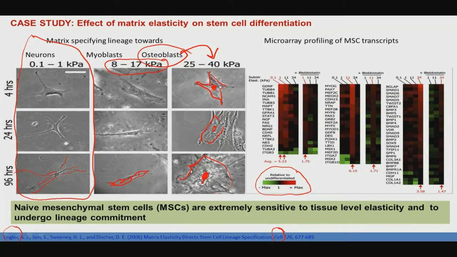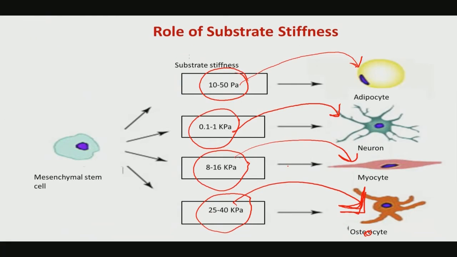Essentially, naive mesenchymal stem cells are extremely sensitive to tissue level elasticity to undergo lineage commitment. What is the meaning of that? When stem cells are grown on these kinds of substrates, they feel as if they are getting a tissue-like substrate. In the case of neurons, they feel that this stiffness is good enough that they can differentiate to neurons, because neural tissue also has a similar stiffness value.